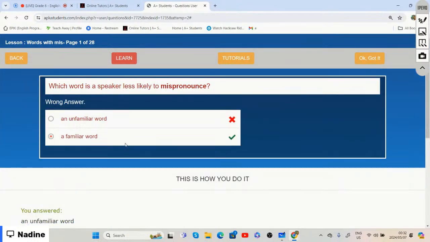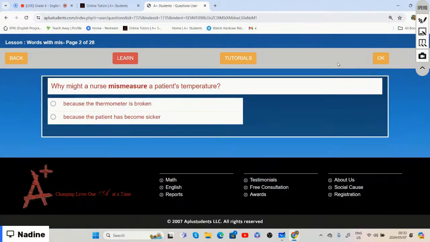Oh, less likely, sorry. Less likely means that he will not be able to mispronounce that word. He will say it correctly. So it's a familiar word. I think we got the reading a bit wrong. Both of us got the reading wrong.